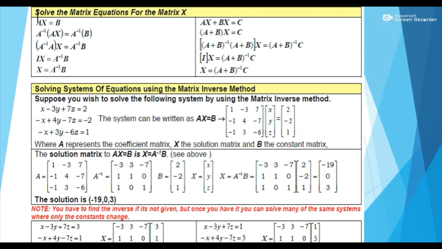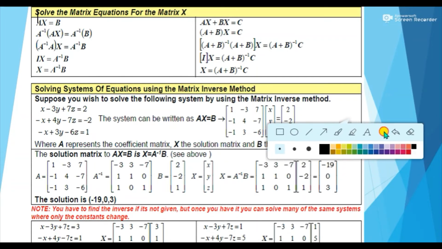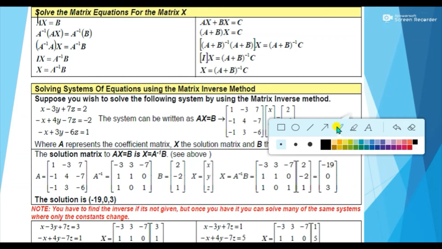In this case, A inverse will be as given over here. By using the same formula we have found it like this. B is this one. Why is it so? Because we know that AX equals B, so this B will be this matrix.